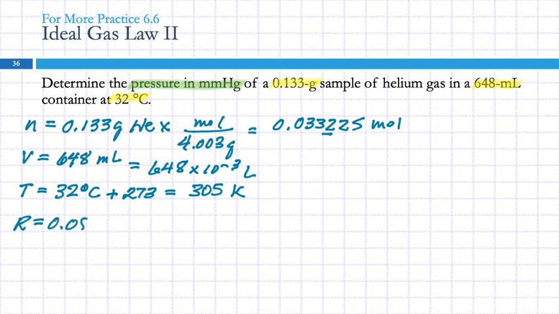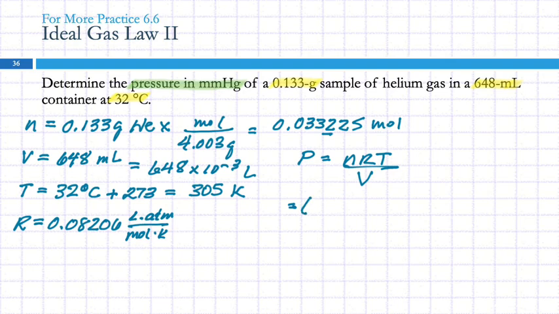And R is always the same. It's asking us for the pressure. So take the ideal gas law and I rearrange it and I come up with P equals nRT over V. So then we can plug these numbers in.